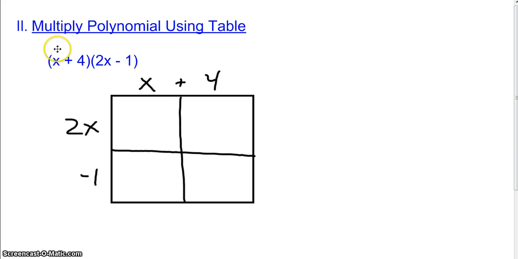So in other words, x is going to multiply to 2x. X times 2x is 2 what? Tara? X times 2x is 2x squared. Good.